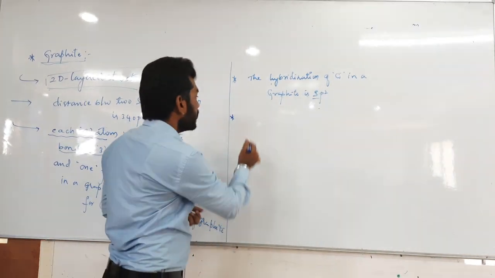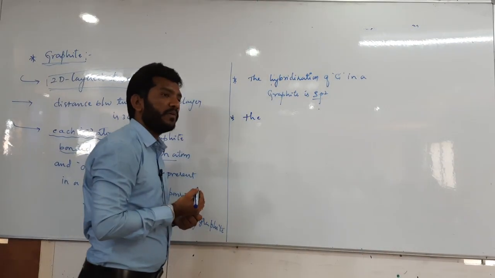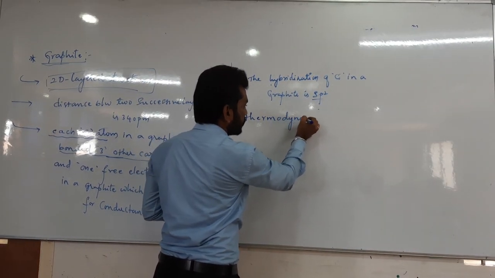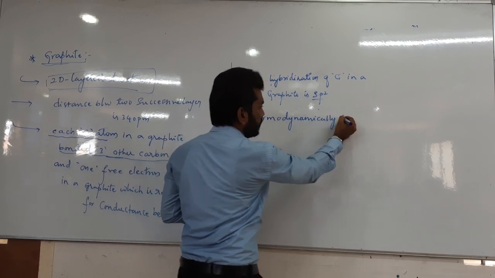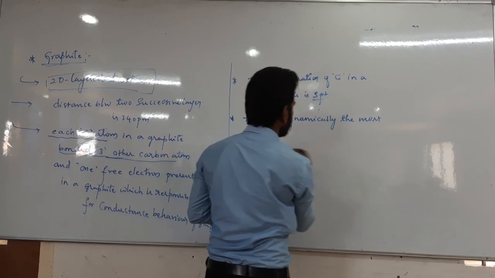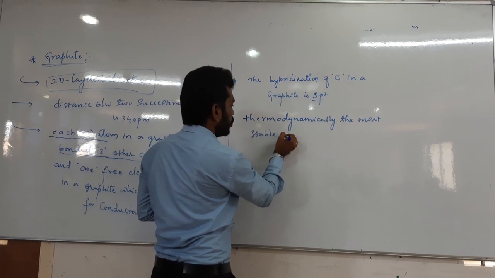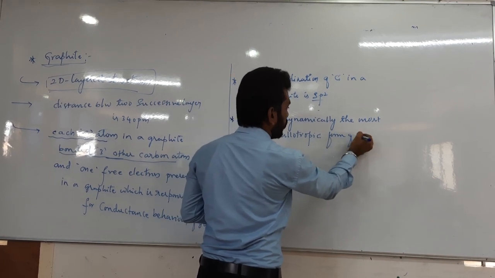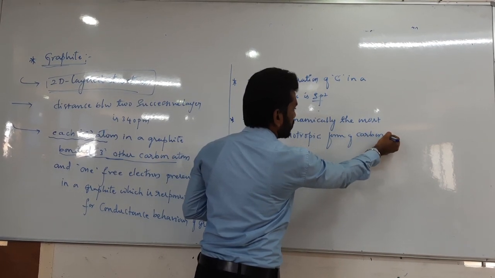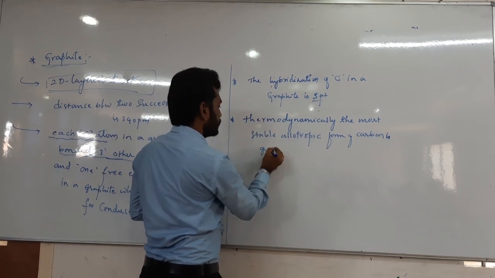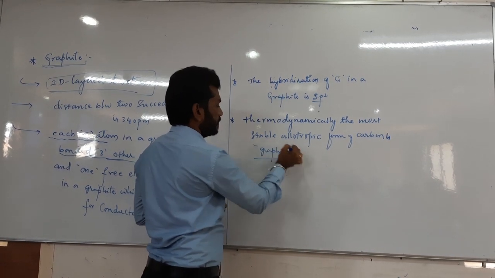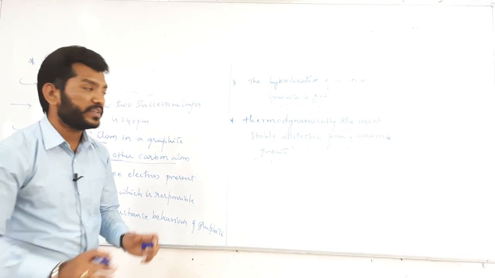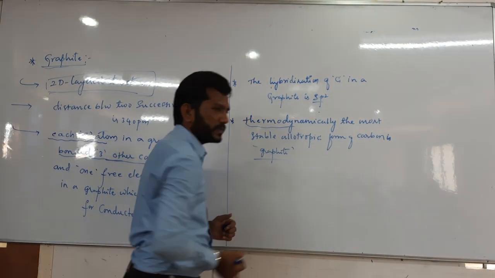Thermodynamically, the most stable allotropic form of carbon is nothing but graphite, guys. Graphite is one particular allotropic form of carbon which is thermodynamically most stable.